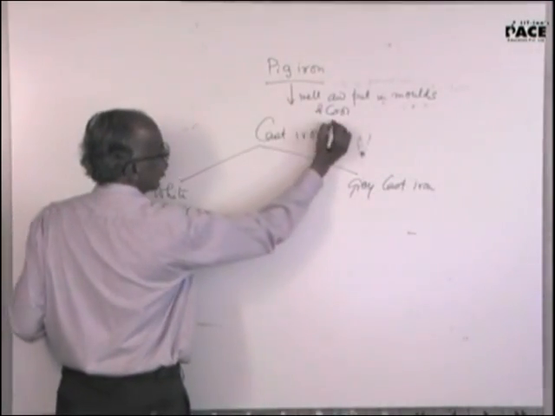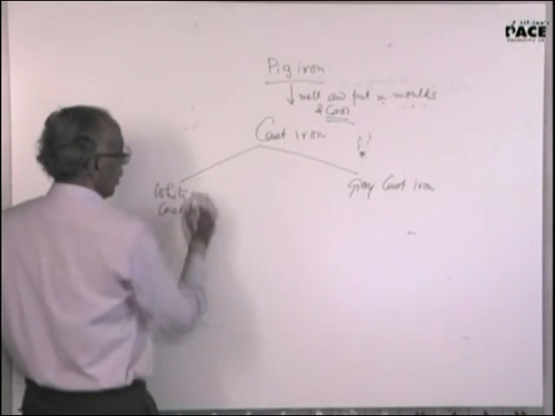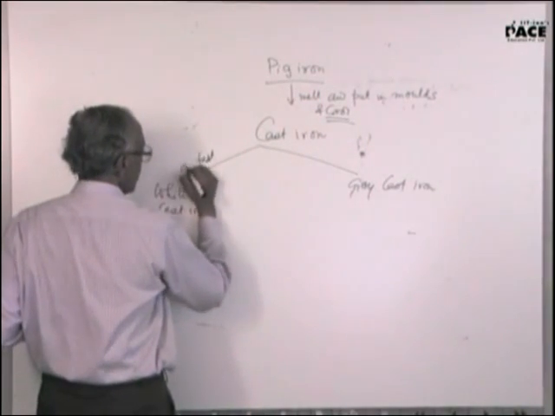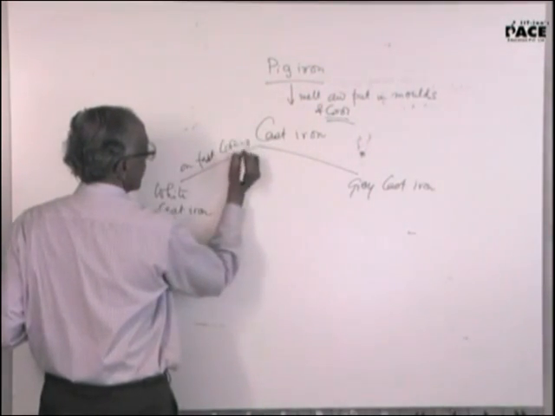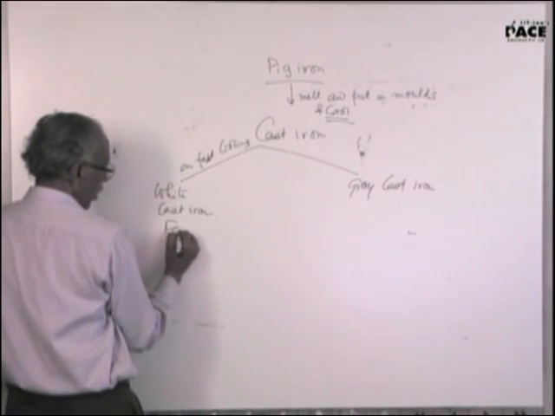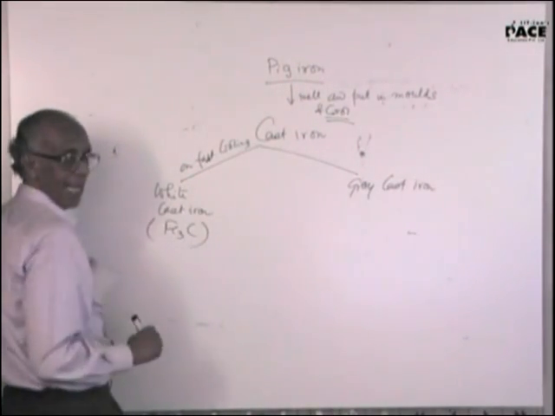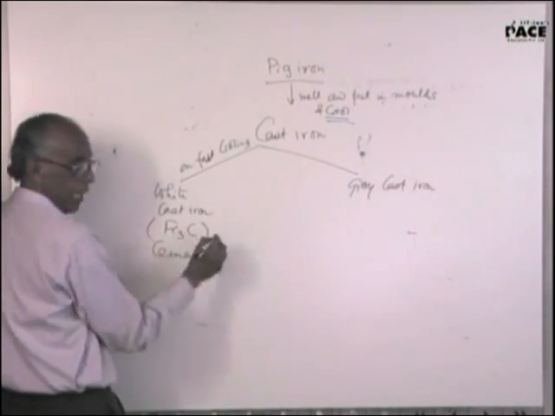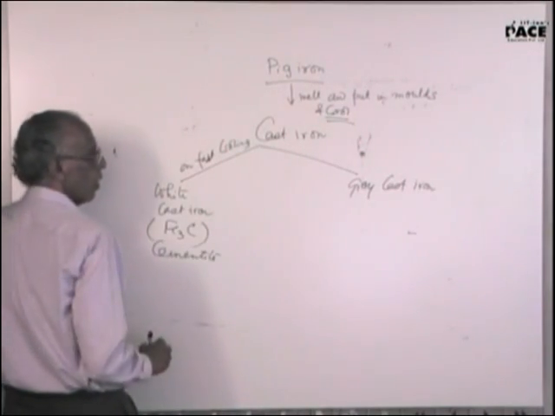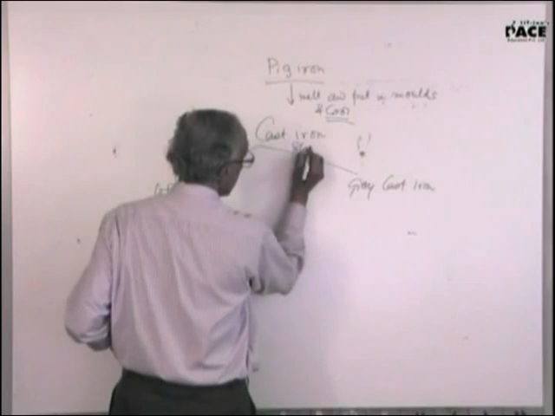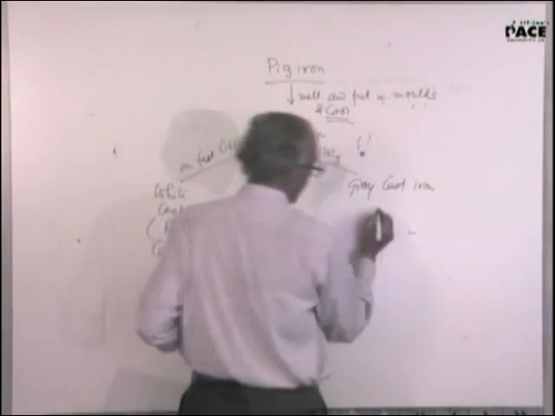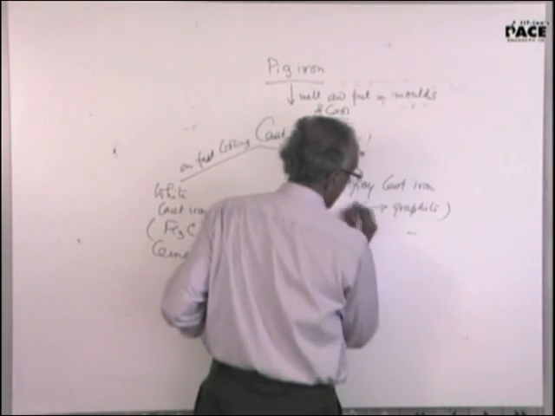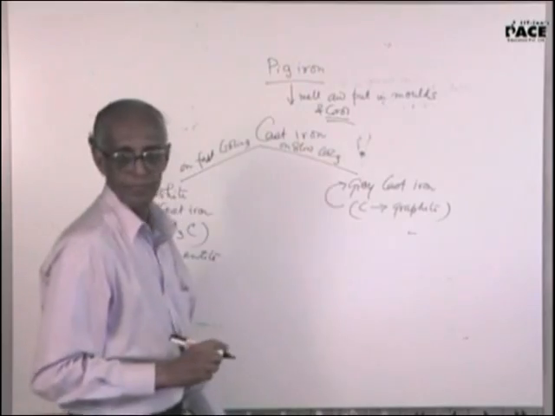When you cool it, on first cooling, you get white cast iron, where carbon is present as cementite, iron carbide. On slow cooling, you get carbon in the form of graphite, and you get grey cast iron.